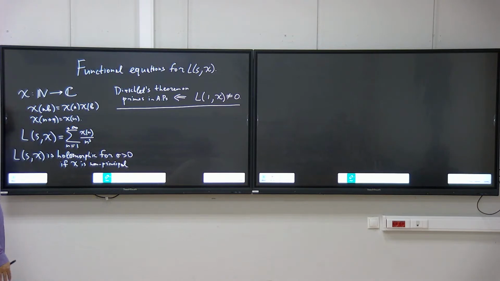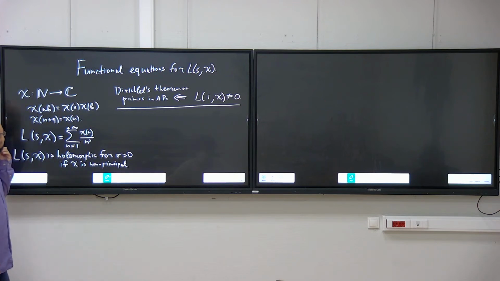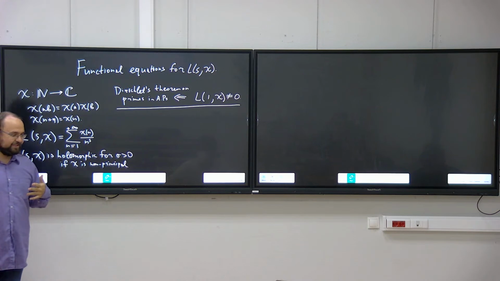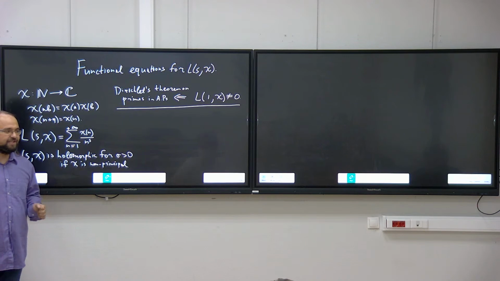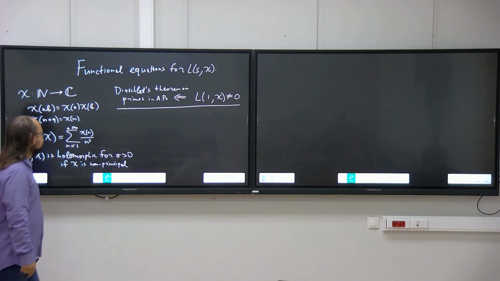And to prove the functional equation, I first would like to do some harmonic analysis on the cyclic group, because your Dirichlet character can be considered as a function on Z over qZ, and so you can do some harmonic analysis.